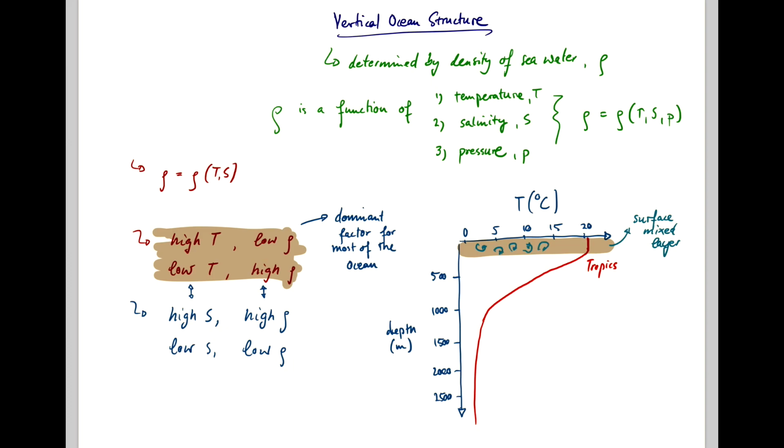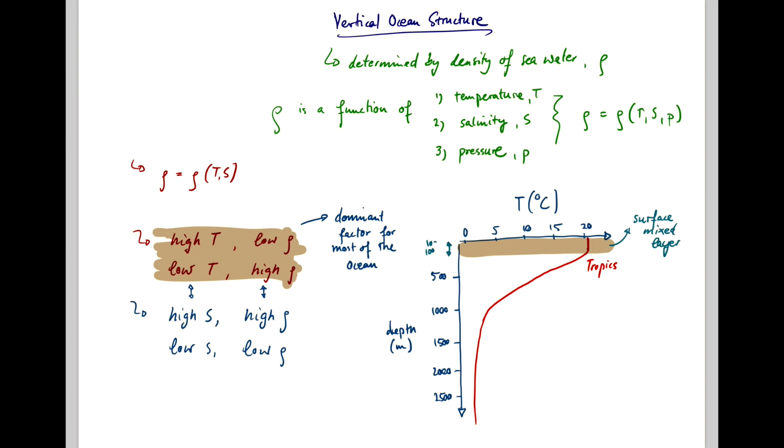And as a result, the temperature is so uniform and doesn't vary in the mixed layer. And the depth of the mixed layer varies depending where in the global ocean you are. And it's typically between 10 and 100 meters or so, this depth here. So the very top of the ocean surface.